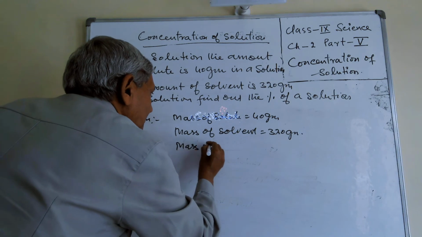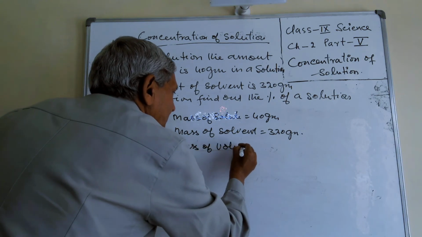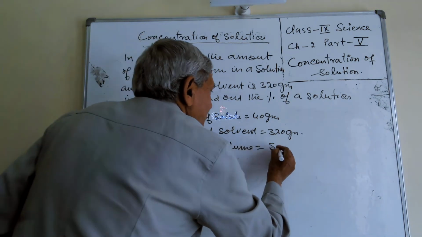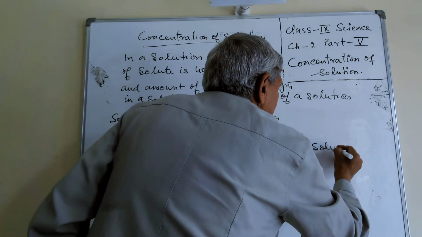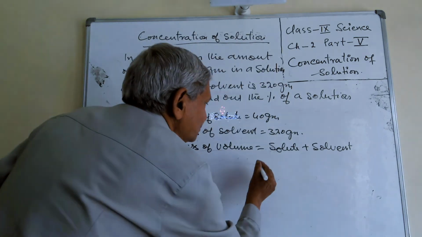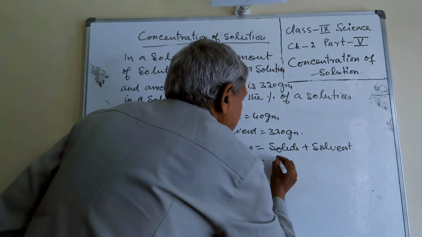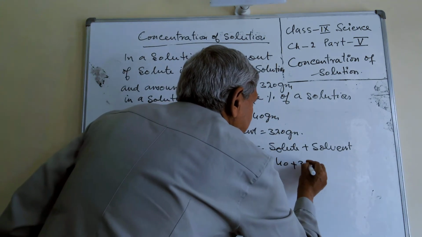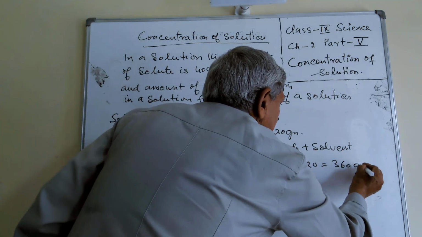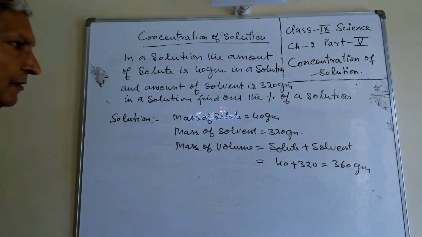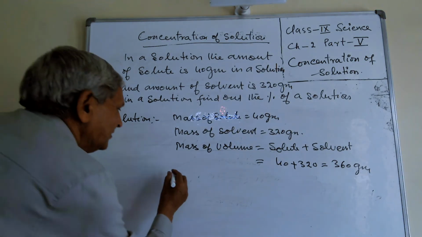Mass of solution is equal to solute plus solvent, because my dear student, these are the two components of the solution. 40 plus 32 is equal to 72 gram. This is the mass of the solution. Now apply the formula.